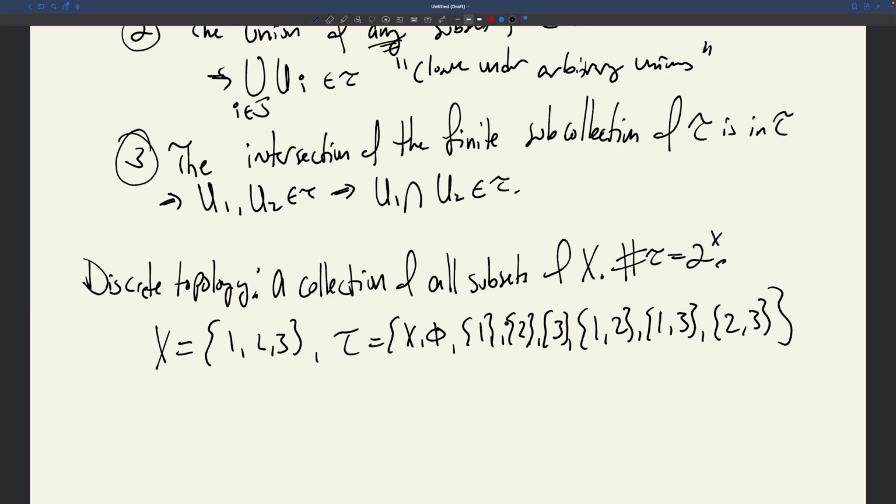And these are all the possible sets. So given 3 elements, we should technically have 2 to the power of 3, so that's going to be 8. So 1, 2, 3, 4, 5, 6, 7, 8.